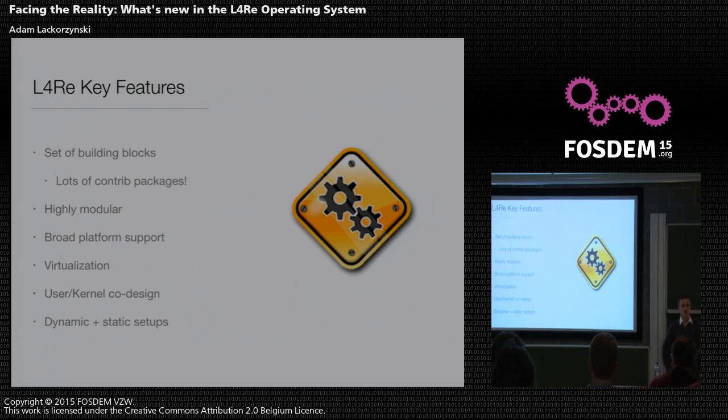L4Re itself is highly modular, which means that in our system everything is handled as an object, starting from basic kernel services, which are considered objects, and their interfaces which are uniform across the system. So for example, you can build proxy services.